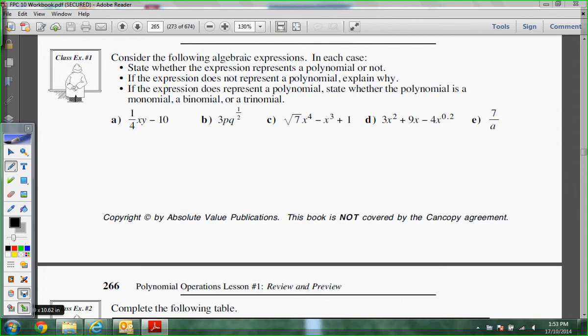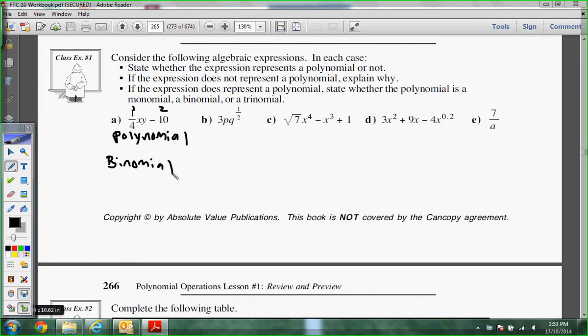It's got a variable. So yes, a polynomial. And which one is it? Is it binomial, monomial, trinomial, or a polynomial bigger than 4? Binomial. There's two things. You have 1, you have 2, so it's binomial.